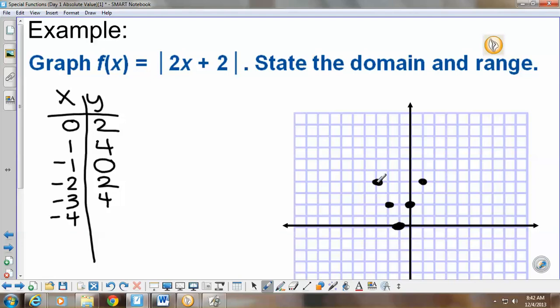And the absolute value of -6 is 6. Do our points fall in a perfect V? So that one was okay.